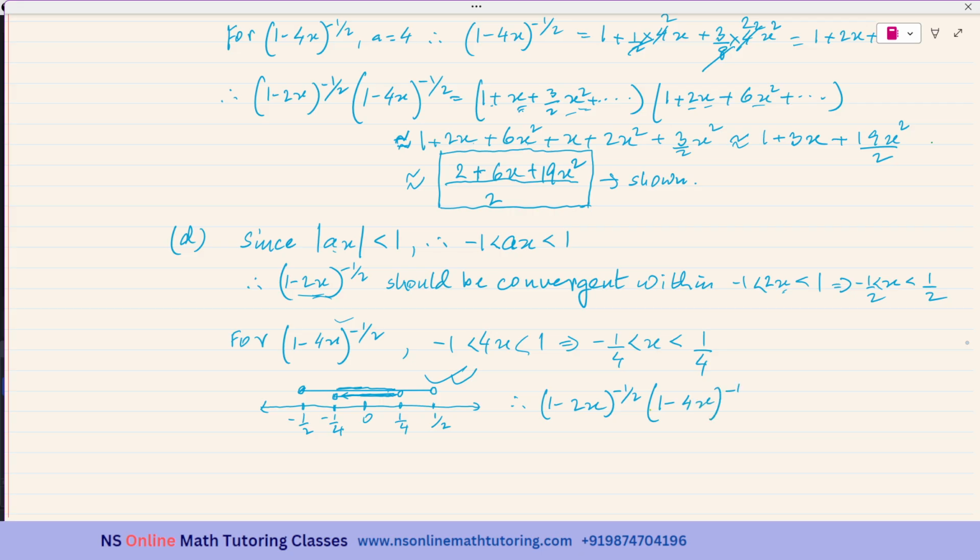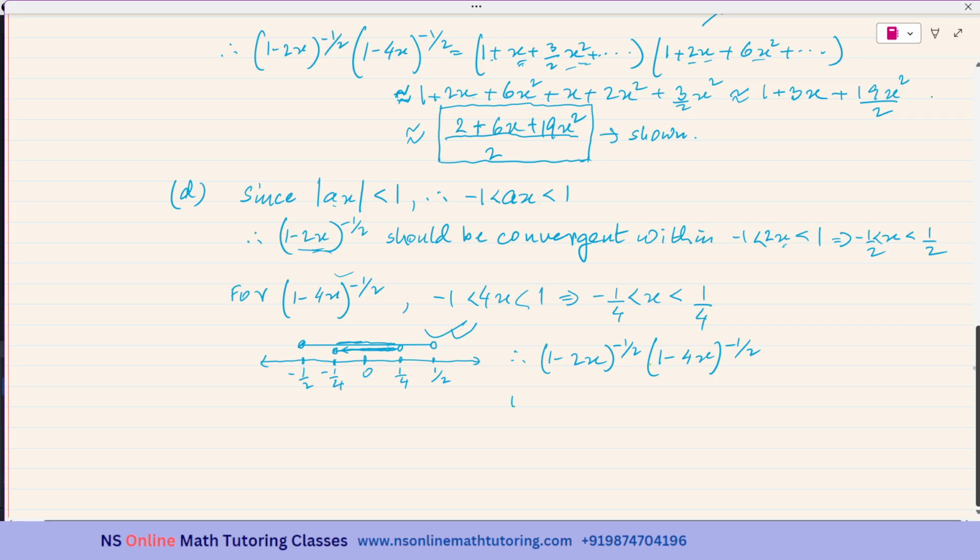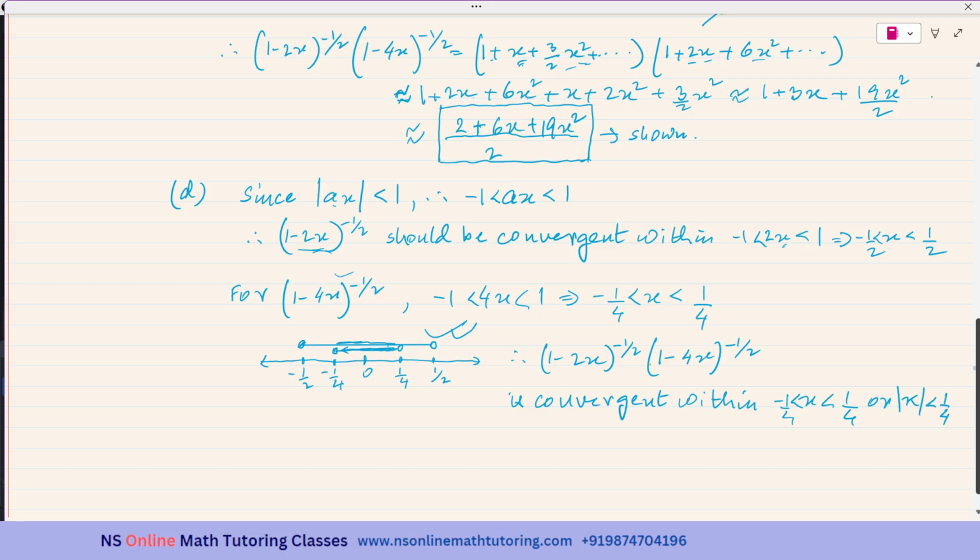So, the expansion is convergent within x is greater than negative 1/4 but is less than positive 1/4, or if you want to write it in absolute value notation, it will be absolute value of x is less than 1/4.